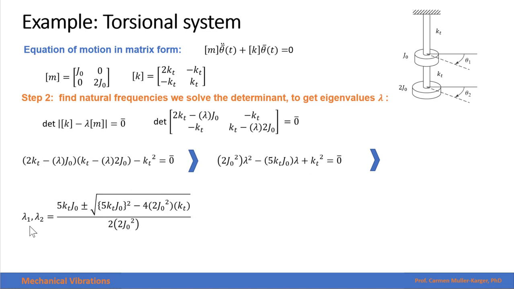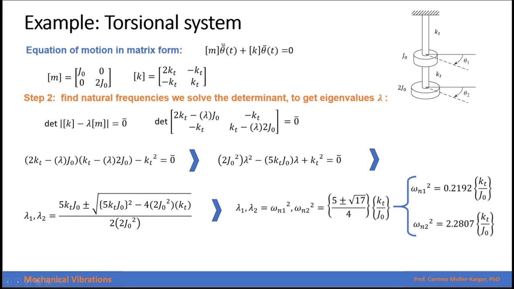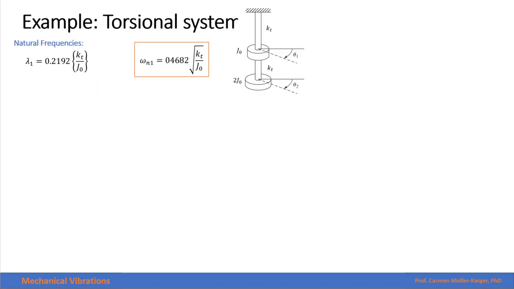Those roots are the eigenvalues of the problem, which are also the squares of our natural frequencies of the system. Now that we have the natural frequencies of the system, the next step is to find the vibration modes.